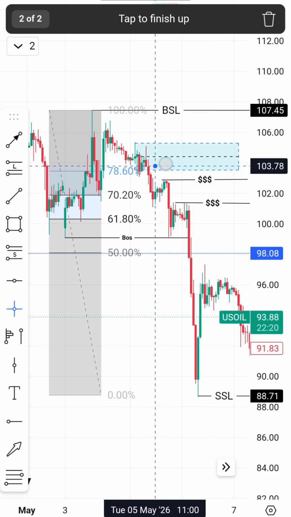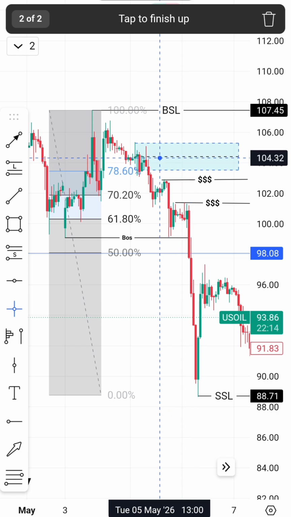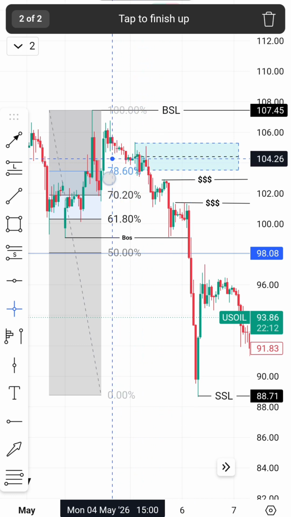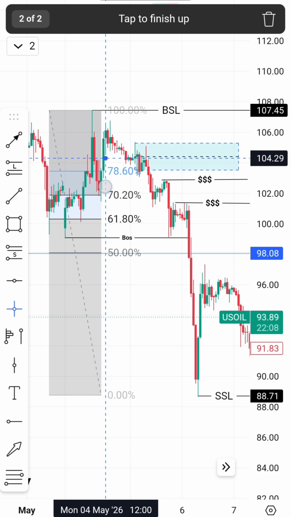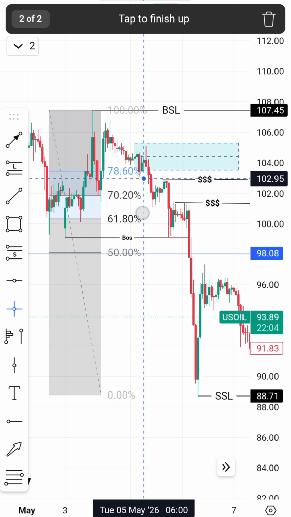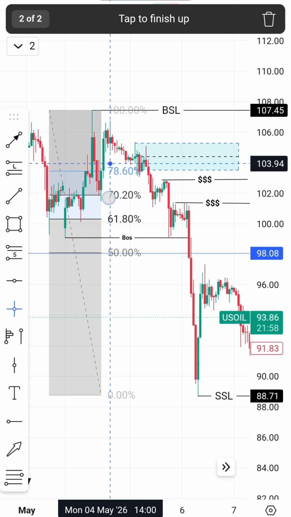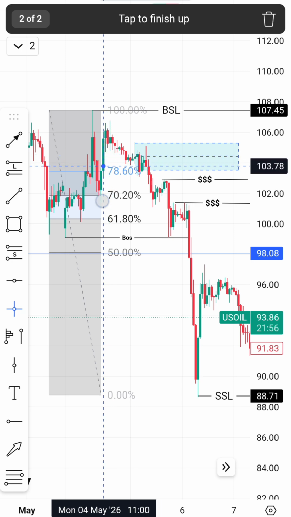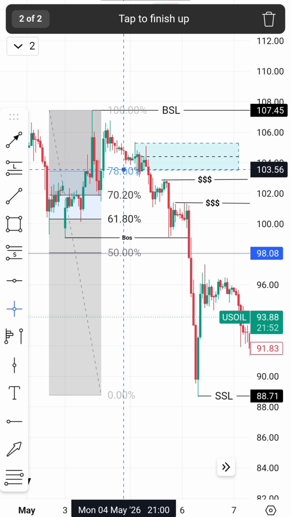And I want you to check something else. If you look to your left, what do you see? There is a fair value gap here, and since there is a fair value gap, the market came and ran through. It becomes an inverted fair value gap. So we have an inverted fair value gap here, and now it becomes a good confluence.